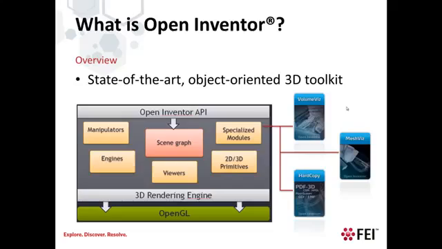MeshViz adds support for managing and visualizing mesh data, whether it's a finite element analysis, computational fluid dynamics, or a petroleum reservoir. The hardcopy extension allows Open Inventor-based applications to output 3D graphics using the major vector formats, such as PDF 3D or PostScript.